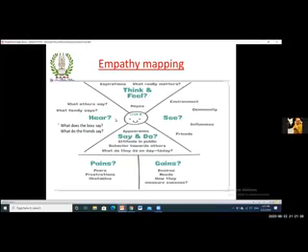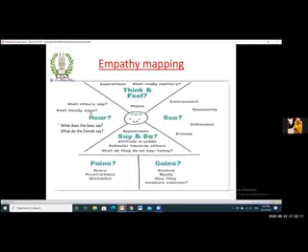Number one, user. Here, as a teacher, the user is a student. Our goal or outcomes for the student. Think and feel: what really matters, or how can you achieve your goal. Number two, what others say: what did the students say, or what does the boss or the friends say about his goal.